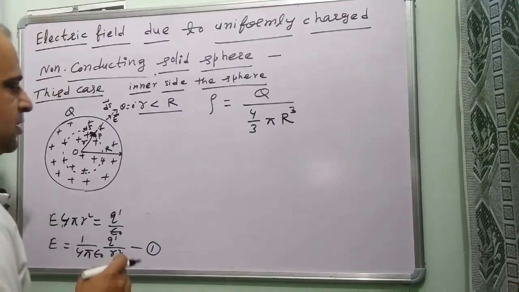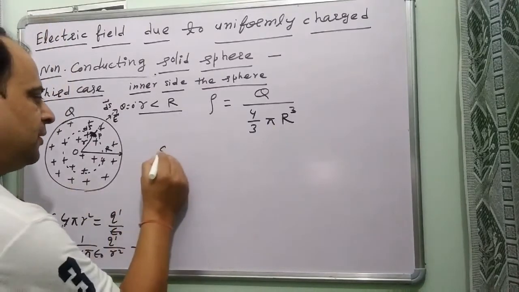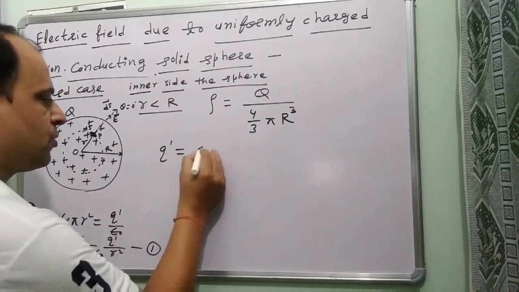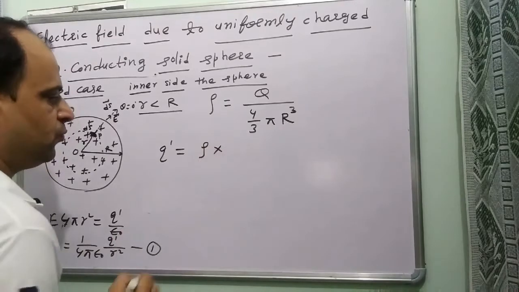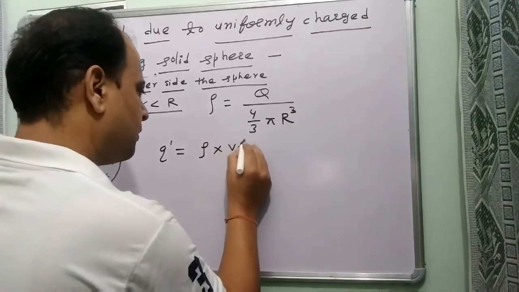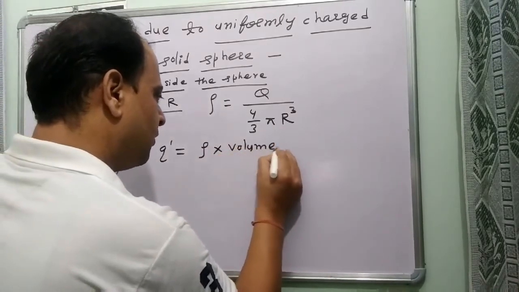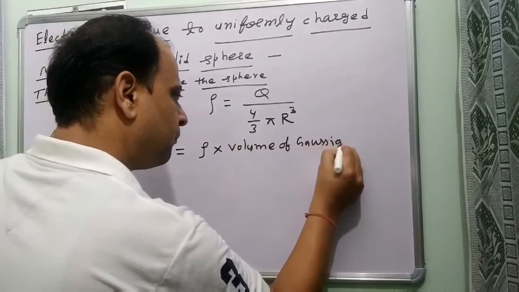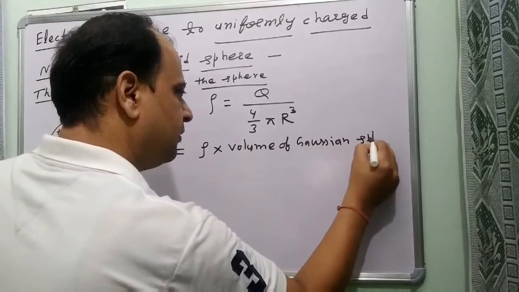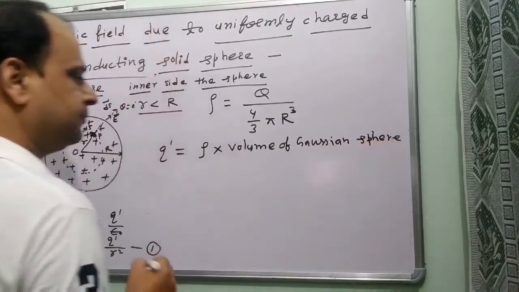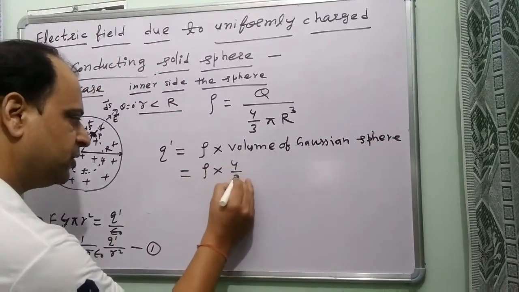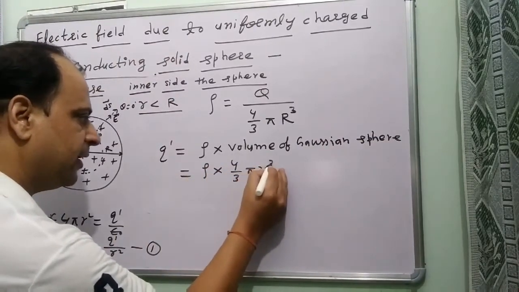Then the charge on the Gaussian surface, q dash, is rho into the volume of the Gaussian sphere, rho into 4 upon 3 pi r cube.